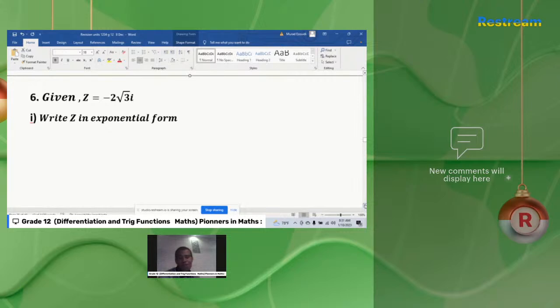It will be r to the power n times exponential i n theta. This formula is very important because you automatically multiply the angle inside the cosine and sine when the complex number is written in polar form.